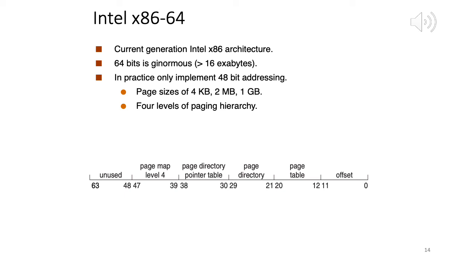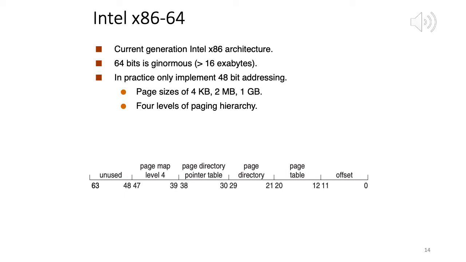So here, this is the current generation Intel x86 architecture. So here this is 64 bits. Ginormous means very large. So you can access 16 exabytes using this, which is huge, really huge, right? 1 exabyte is 1000 petabytes.